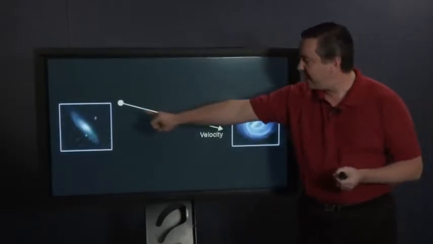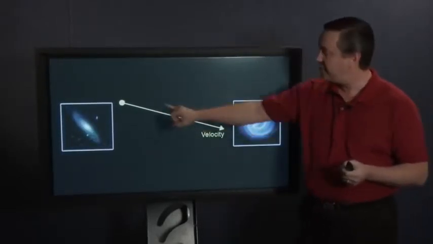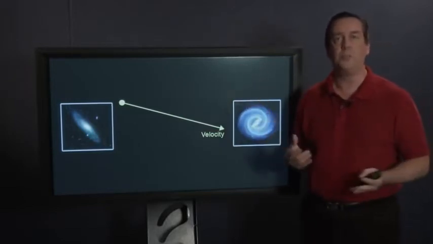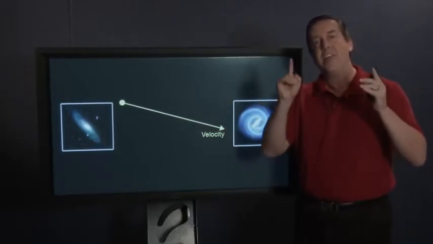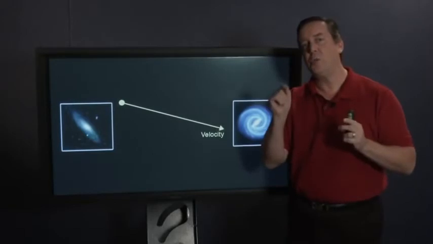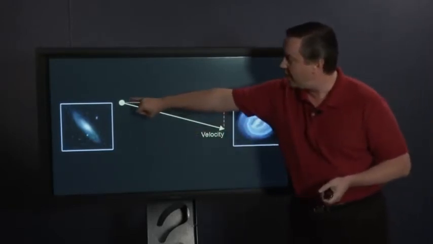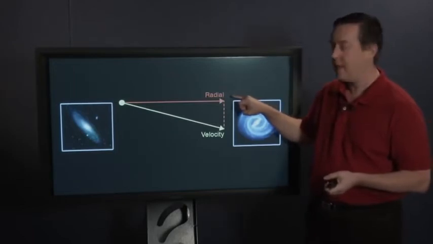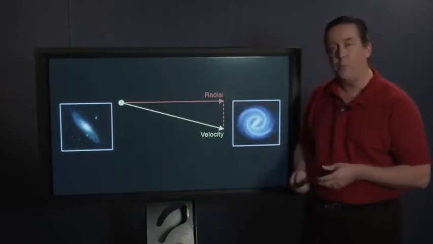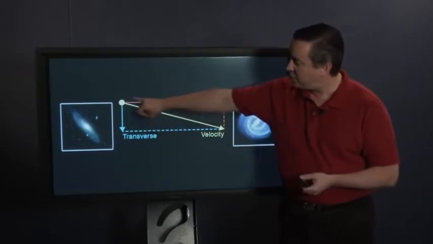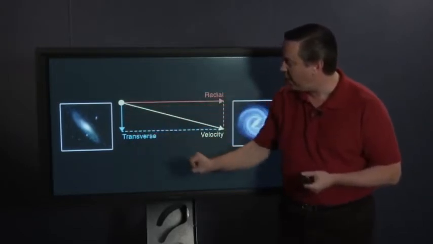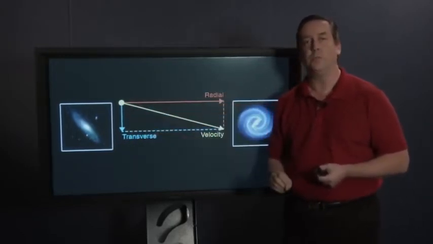Let me explain why. So, Andromeda is coming towards the Milky Way, and this velocity vector represents its motion. Now, the velocity vector is actually composed of two components. There is a radial component, which is coming directly towards the Milky Way, as represented by this red arrow, and then there is the transverse component, represented by this blue arrow, which is the sideways motion.